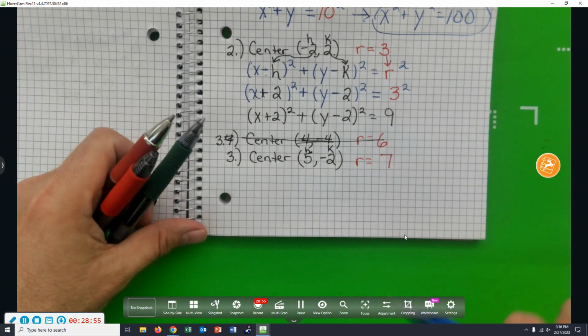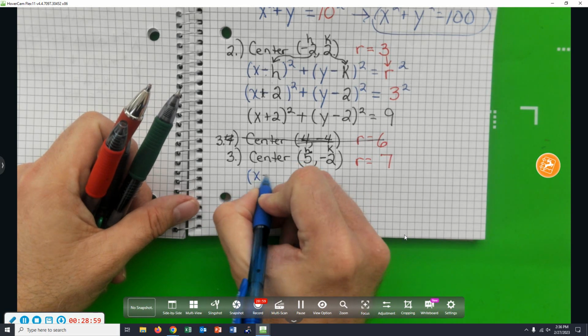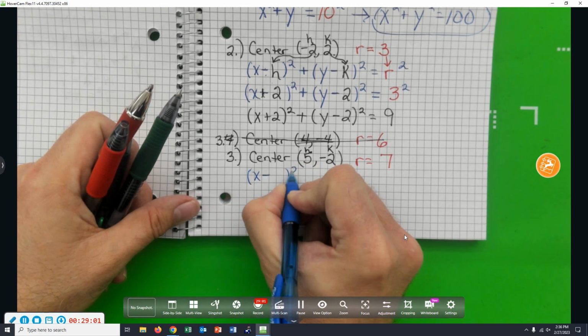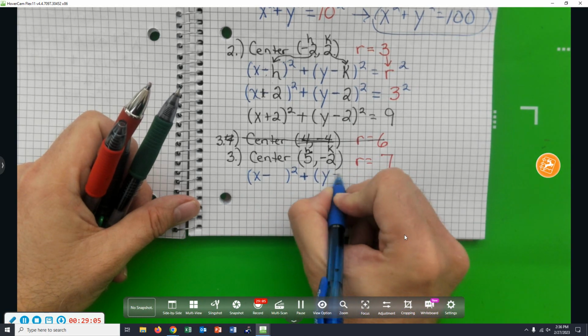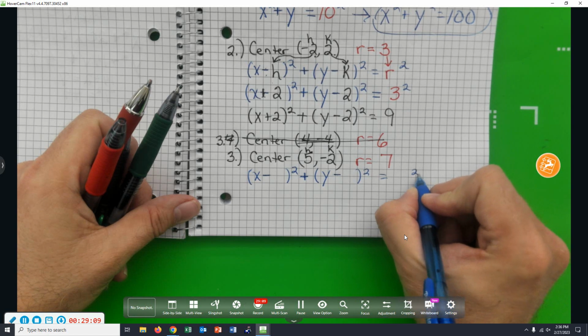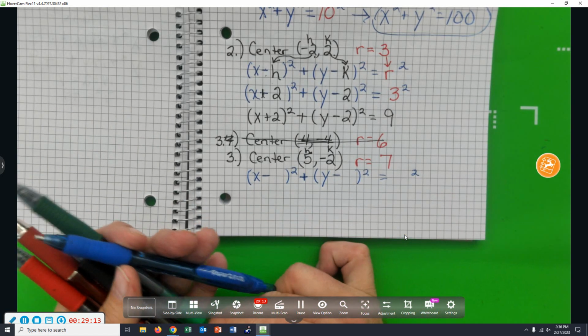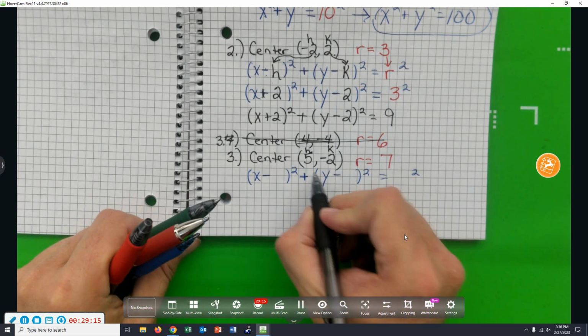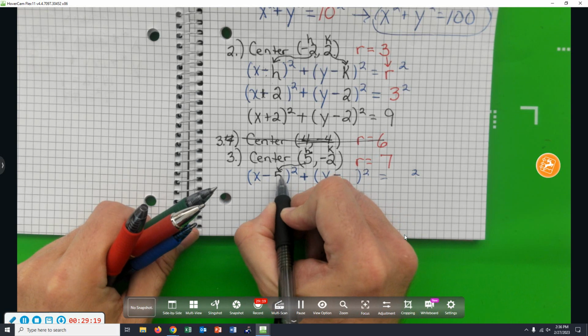So, parentheses x minus h squared plus y minus k squared equals r squared. I'm plugging in the h, so that's just going to be a 5 here.